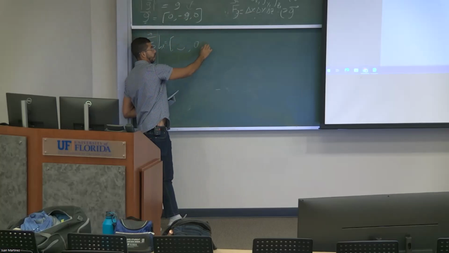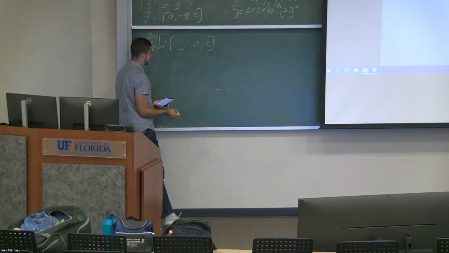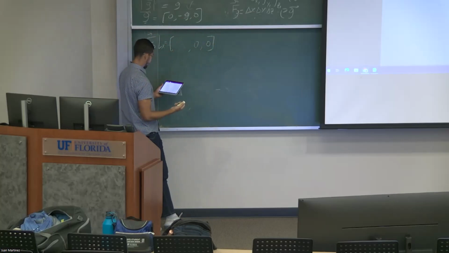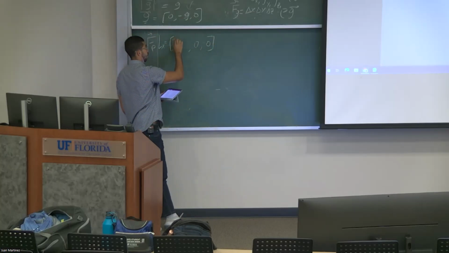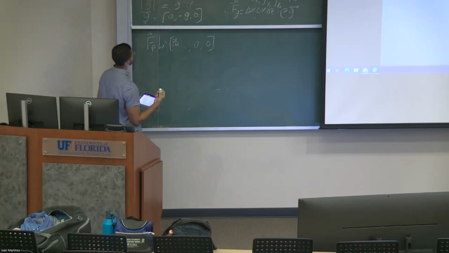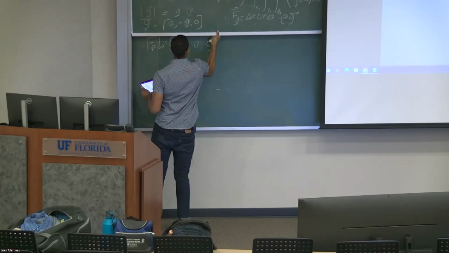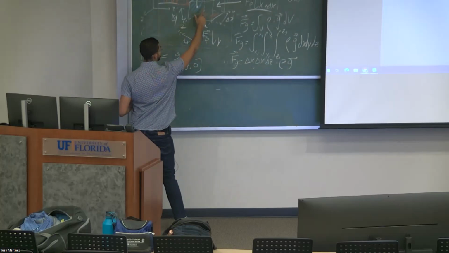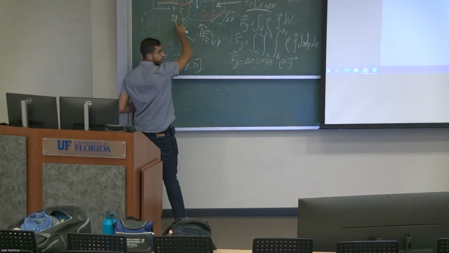So y and z are going to be equal to 0. Right? For x, we're going to have p for the pressure restricted to x times the area. So the area in the plane x would be delta z times delta y.